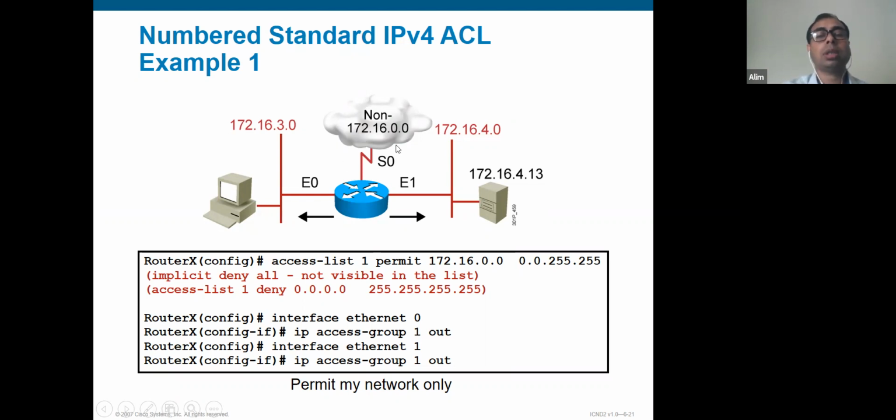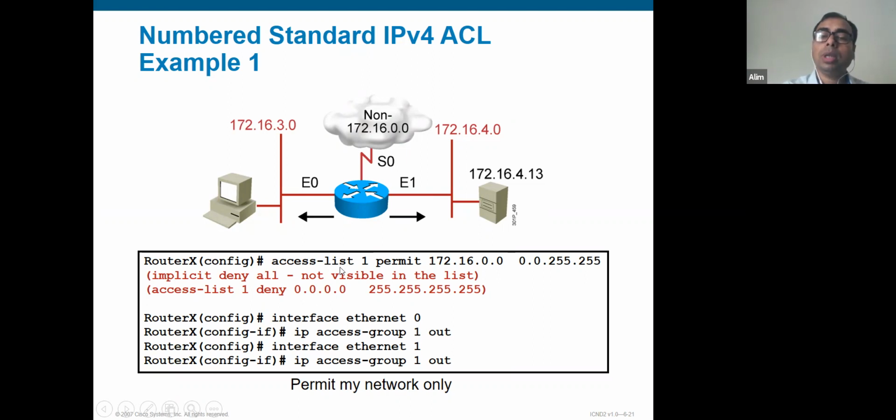Now we want to just allow this network. We are allowing it to the E0 and E1 interfaces, Ethernet 0 and Ethernet 1. Through these interfaces, we are applying our access control list 1, which permits the network.